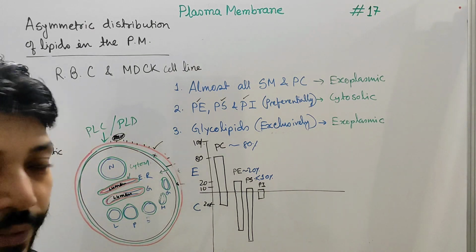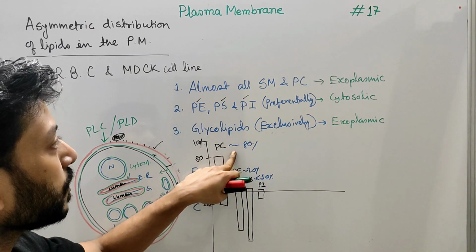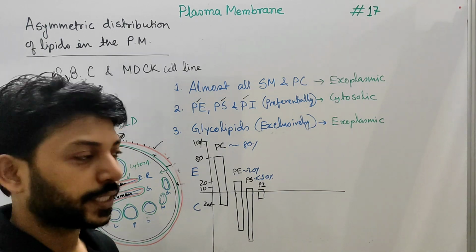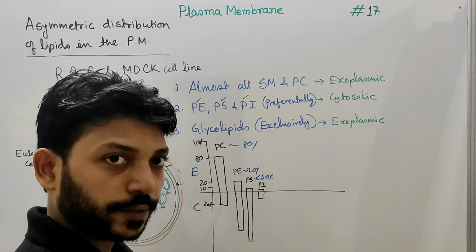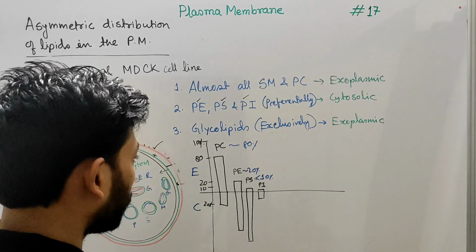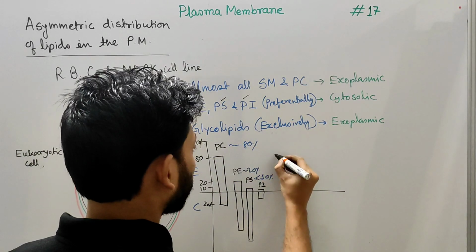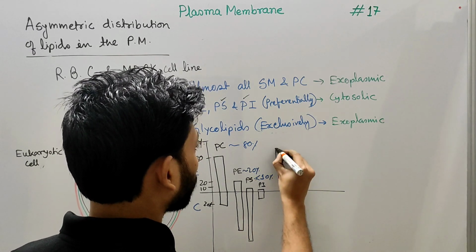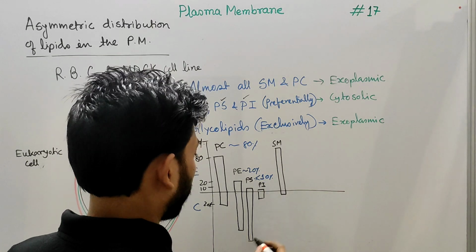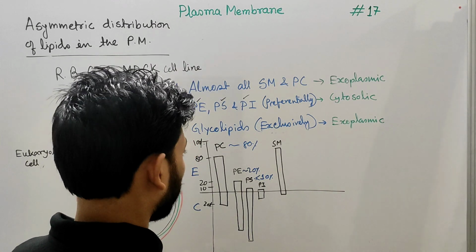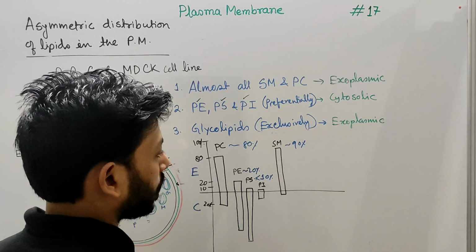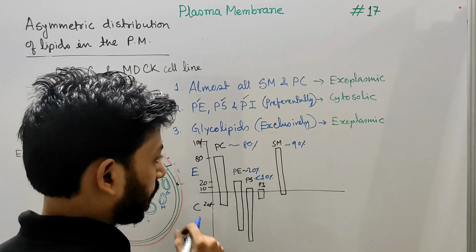So from this observation, they found that these lipid molecules are not symmetrically distributed. That means they are not present 50-50%. They are asymmetrically distributed. And also they found that sphingomyelin is present in a higher percentage than PC. That means approximately 90% of sphingomyelin is present outside, and the rest, 10%, is inside or in the cytosolic leaflet.